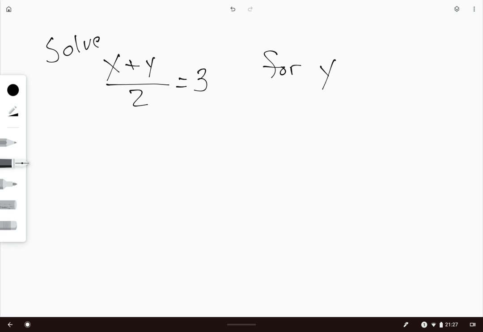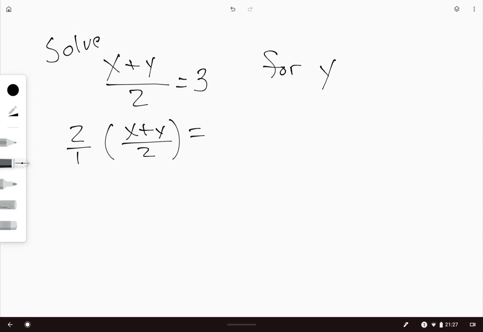All right, so what I have here is division. So the opposite of division is multiplication. So somehow I need to move this z to the other side of the equation. So I'm going to do that by multiplying it by the reciprocal, which would be z over 1.